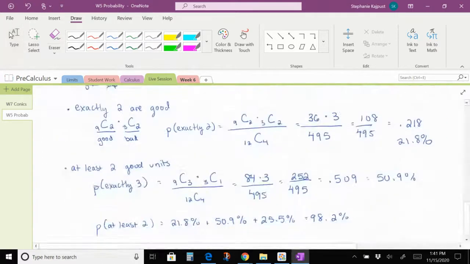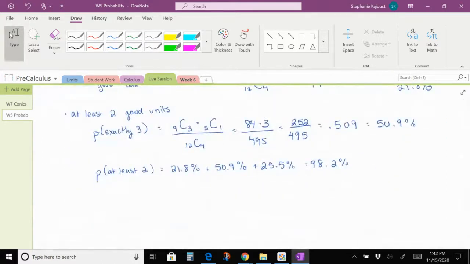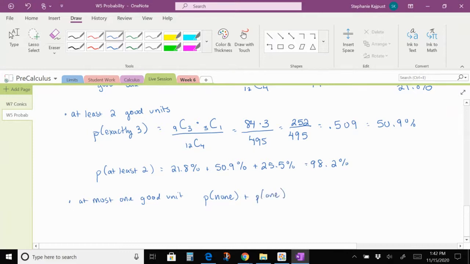Okay, and if I wanted to use the complement here, if we said, okay, what is the probability of at most 1 good unit, so at most 1 good unit would be the probability none are good, or the probability that 1 is good, and that is 1 minus the probability of at least 2.